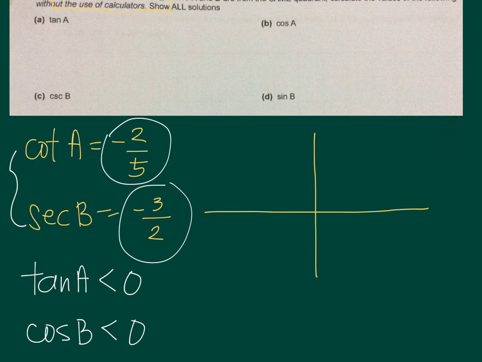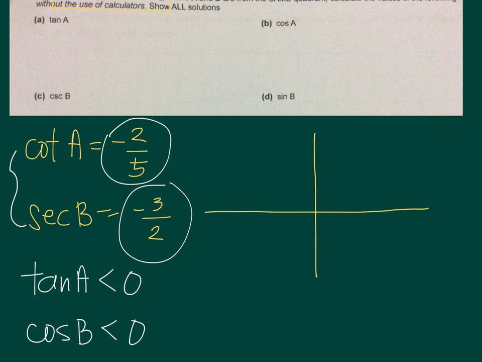Take note, those ideas came from the relationship that these functions are reciprocals of each other. Cotangent is the reciprocal of tangent. Secant is the reciprocal of cosine. So if they're reciprocals of each other, then their signs must be the same. So cotangent is negative, tangent is also negative. Secant is negative, cosine is also negative.